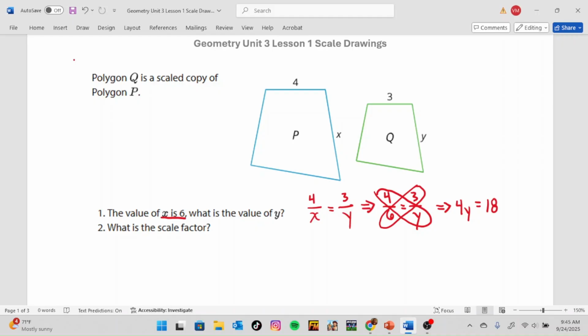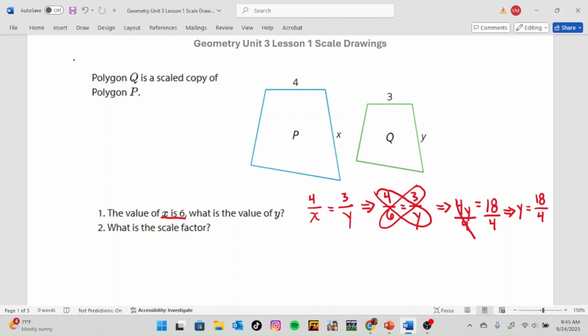Now I need to get y by itself. To do that, we're going to do the opposite of 4y. So the opposite of multiplying by 4 is dividing by 4, but we're going to do it to both sides so that it stays even. The 4 divided by 4 becomes 1, and so we have y equals 18 over 4.